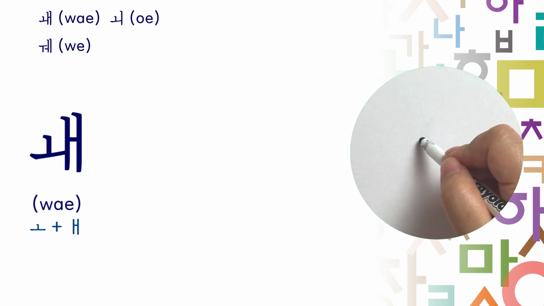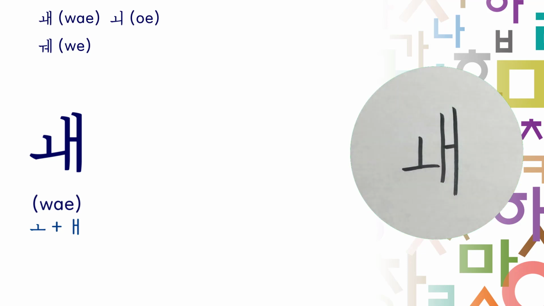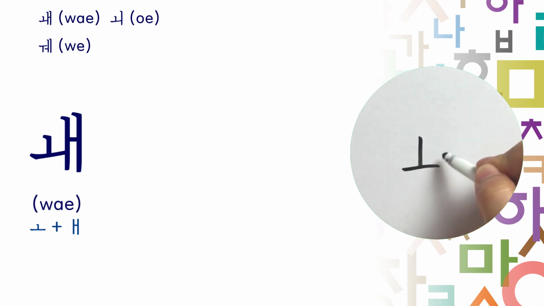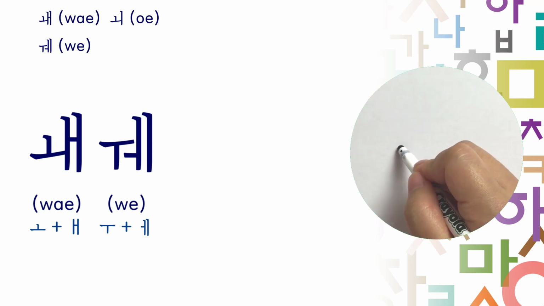Where is written like this. Next vowel is also where, and this combines the vowels u and e. So if we say these vowels together, it's u, e, where. Where is written like this.